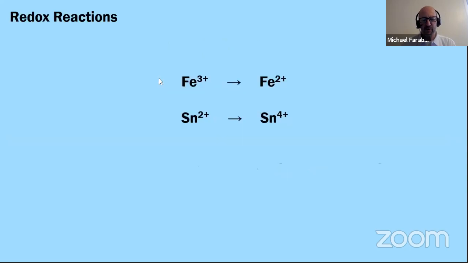All right, so more example with oxidation reduction. Here I have iron that is being reduced from +3 to +2. I have tin that's being oxidized from +2 to +4. Now, as a result, I'm going to have to multiply the top reaction by 2 to get the electrons to cancel out.